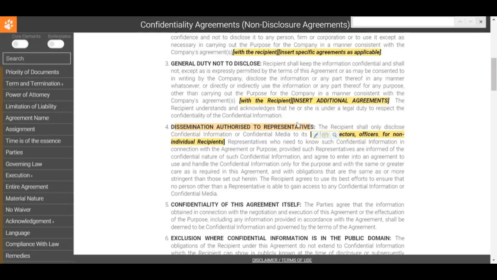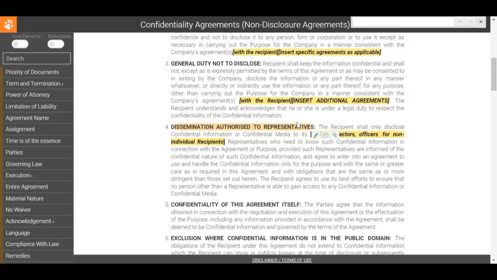As you can see, we're specifically stating who those authorized representatives are. And this carve-out is not an exclusion to the obligation of confidentiality, but rather it's an allowance for certain individuals to extend that confidentiality obligation to those individuals and to allow them to access the confidential information.